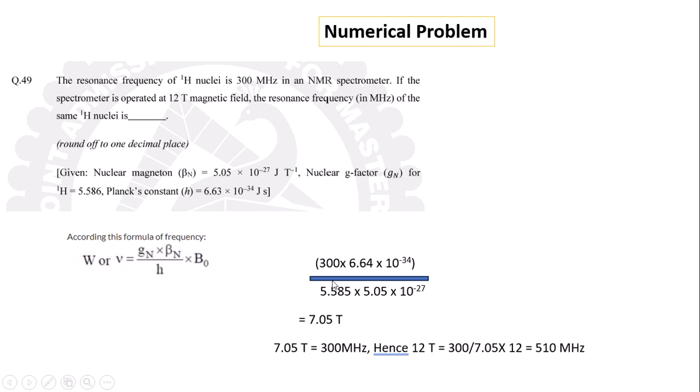If we convert the Larmor frequency to the Tesla unit, it comes to 7.05 Tesla, and 7.05 Tesla gives the proton 300 MHz, as in the given problem. If it is run at 12 Tesla, then the proton resonates at 510 MHz.